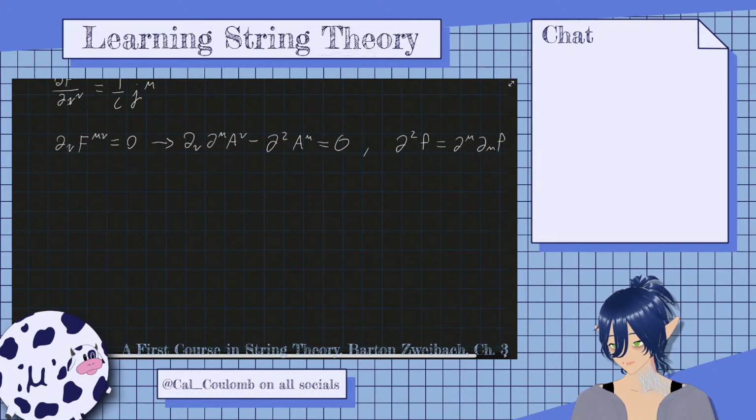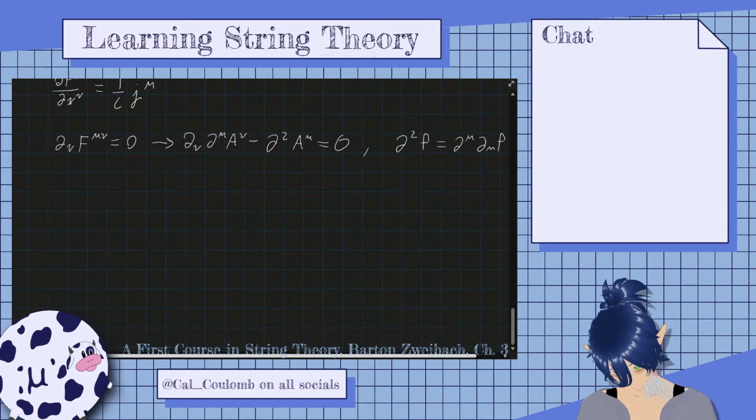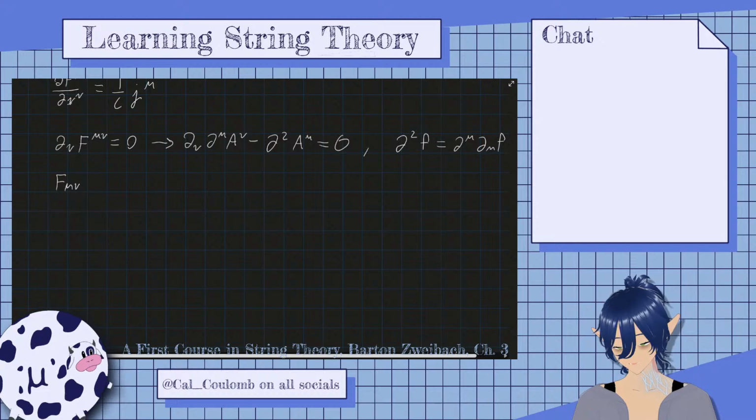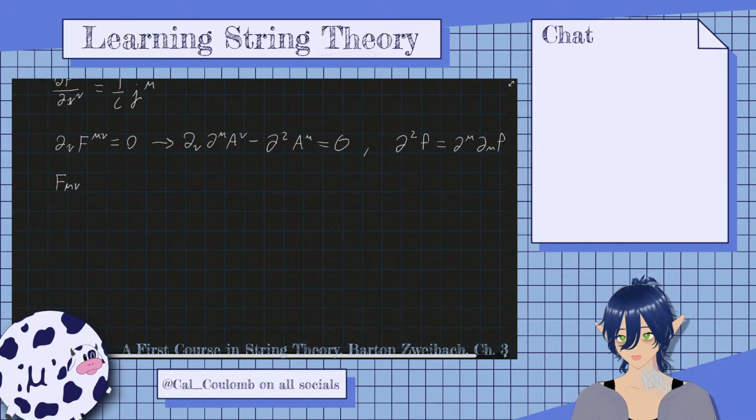So in 3-dimensional space-time, for example, the matrix F^μν is a 3x3 antisymmetric matrix, obtained by 3.20 by discarding the last row and column.